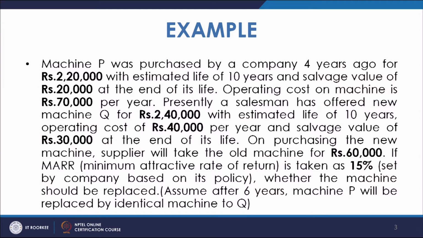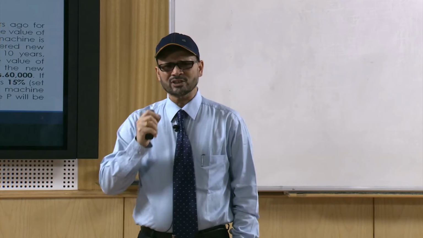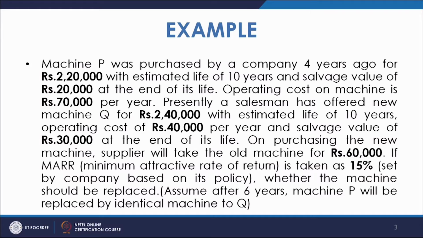The machine which you purchased 4 years ago for rupees 2,20,000 will now be taken at rupees 60,000. It means the valuation of the old machine is done at rupees 60,000.